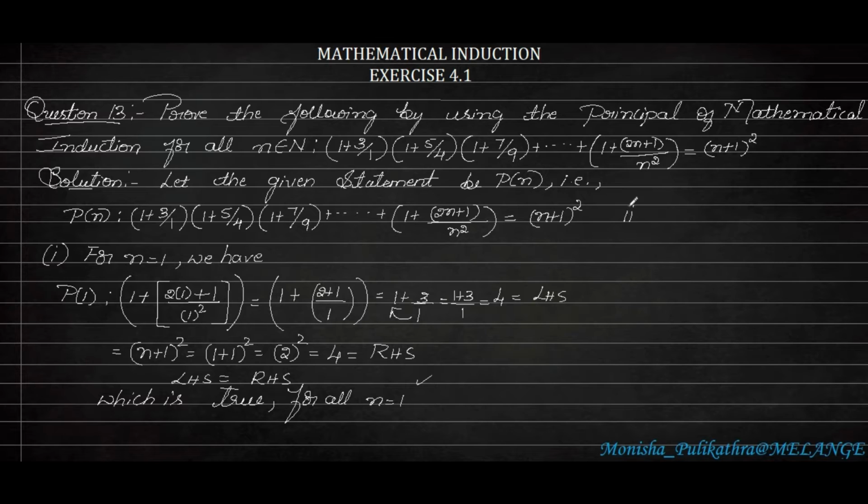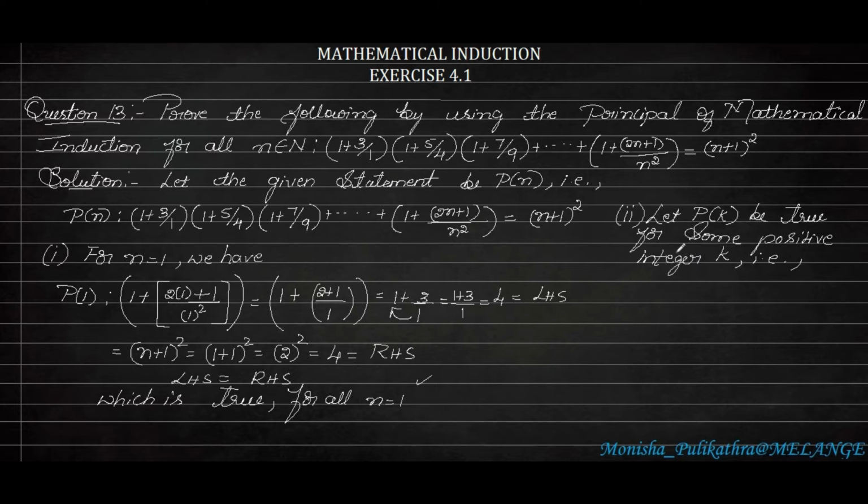Second, we have to substitute k in the place of n. That is, let p of k be true for some positive integer k.